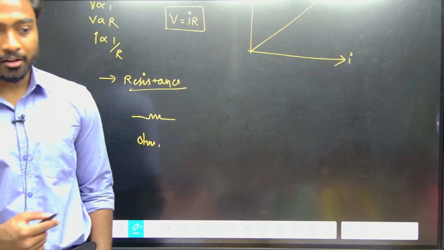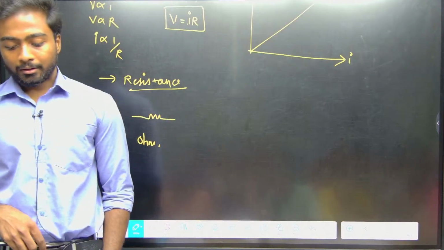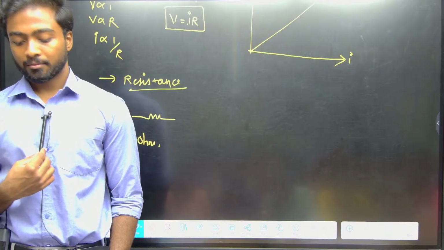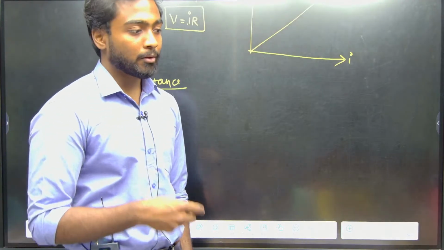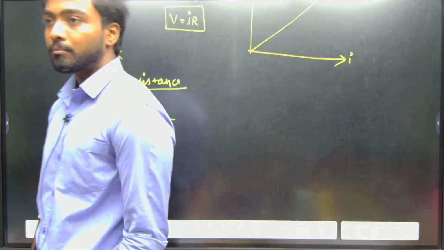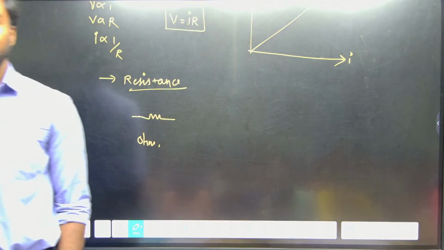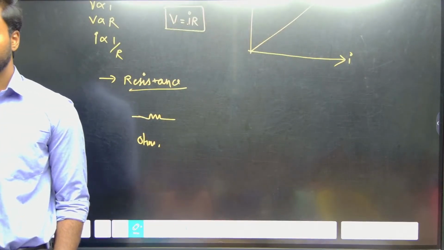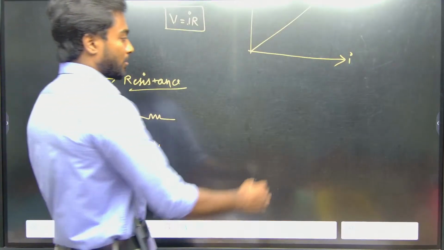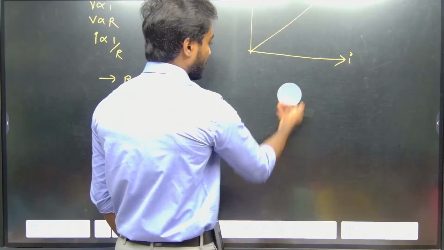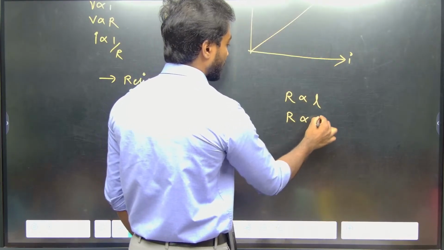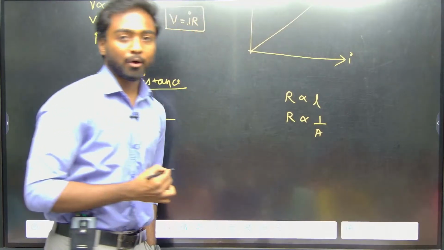Subheading under resistance: depends on geometry and material. So resistance is directly proportional to the length and inversely proportional to the area of cross section.